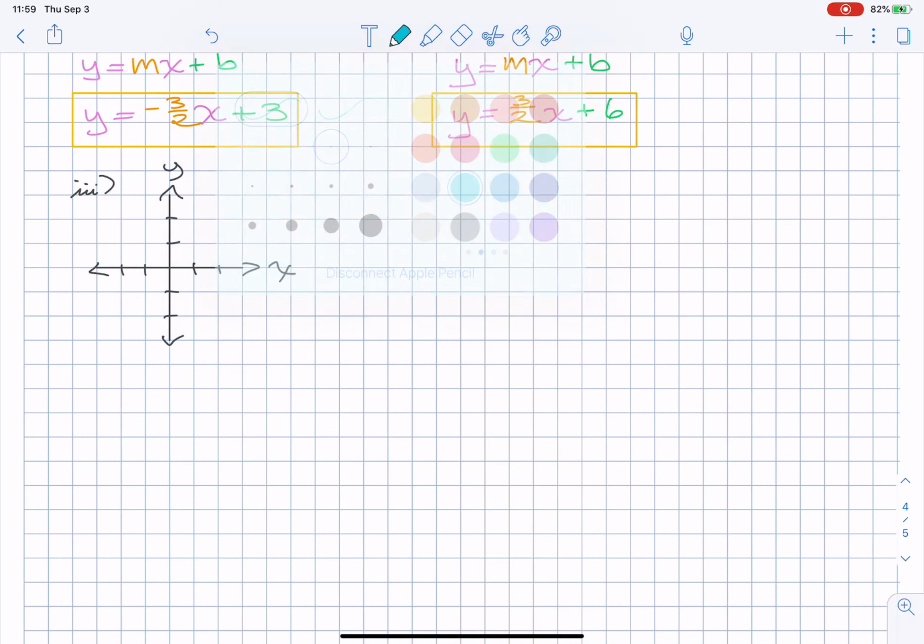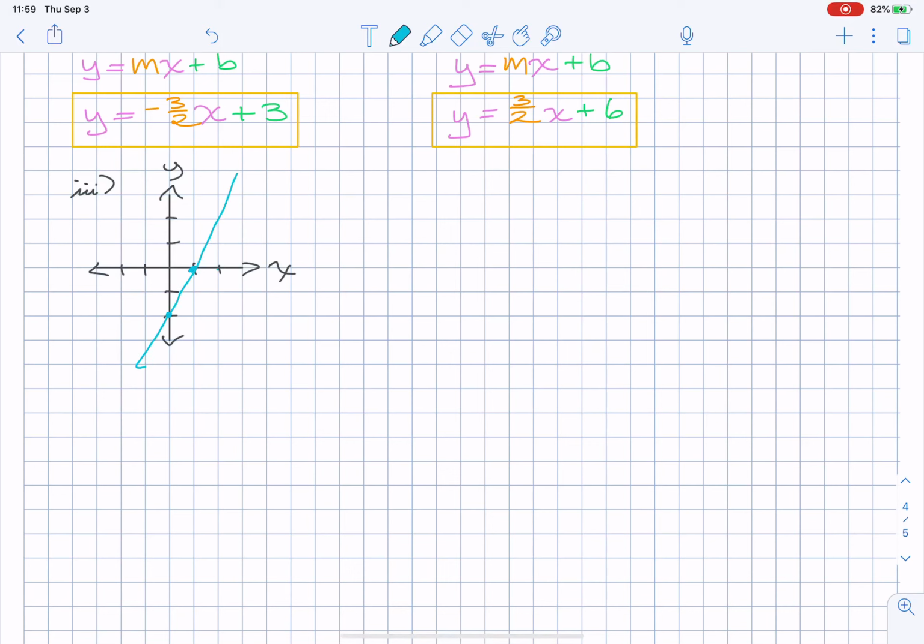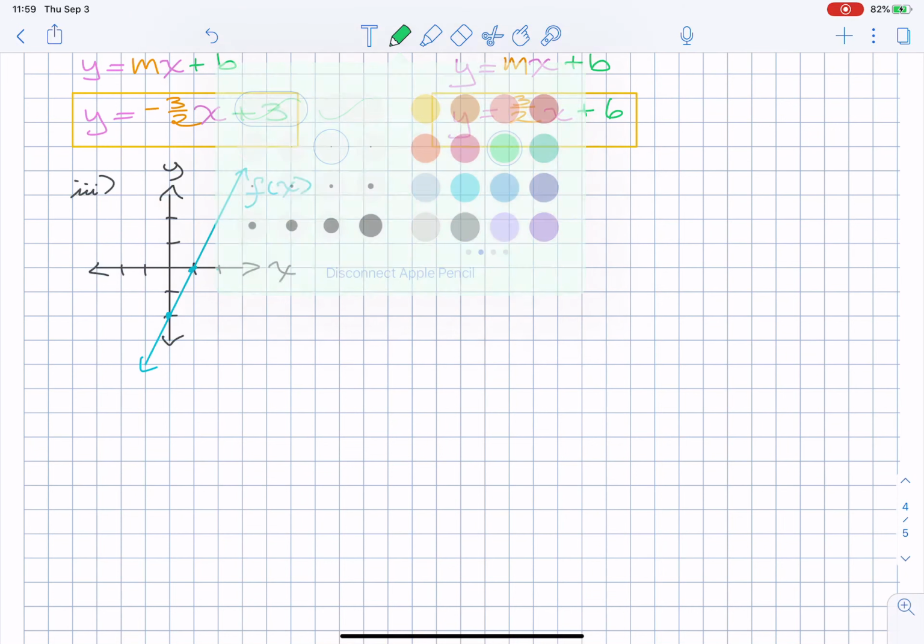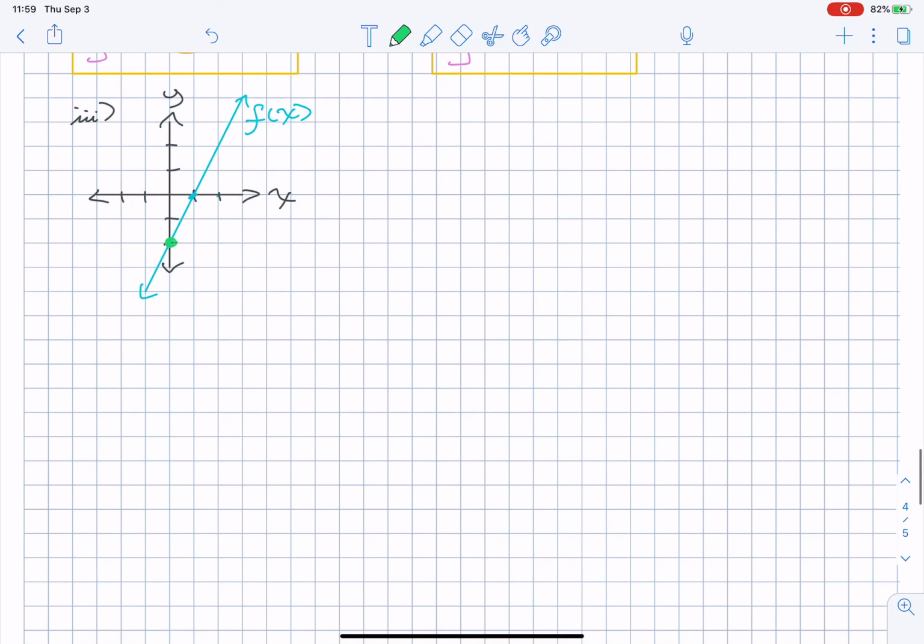Okay, let's say we have something that looks like so. Okay, so the first thing I note is that my y-intercept is at 0, -2. That's my y-intercept.